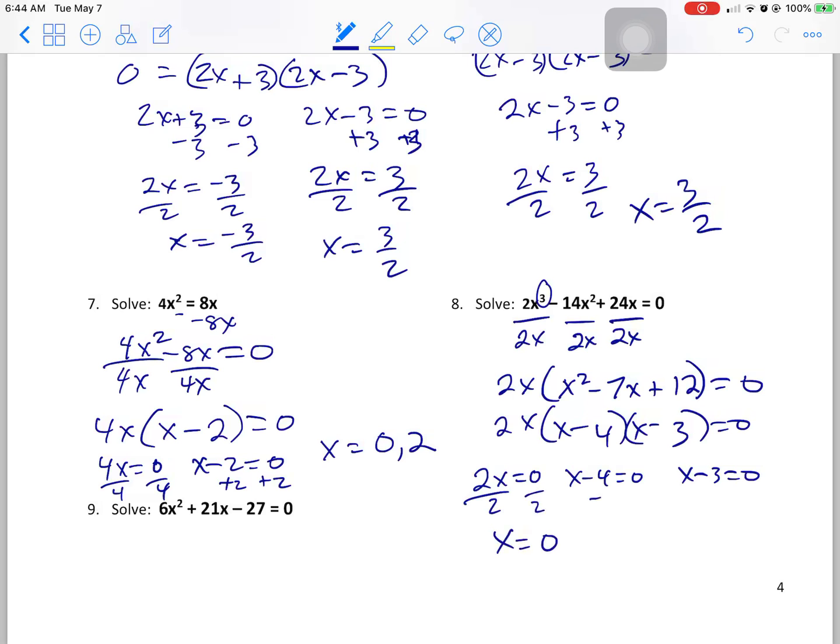X could equal 0, positive 4, and 3. 3 x to the 3rd power means I had 3 answers, okay, unless there's a duplicate or something. That would be 3.